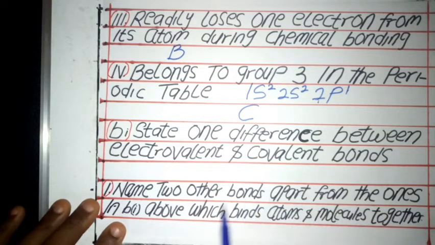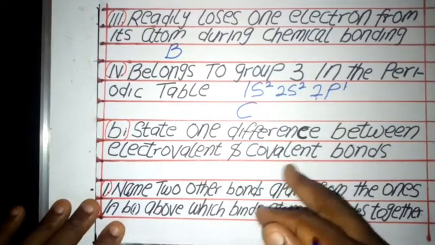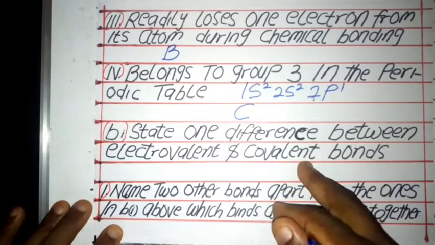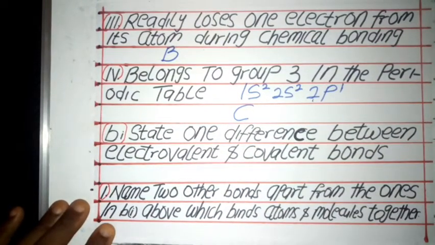So the next question, name 2 other bonds apart from the ones in B1 above, which bind atoms and molecules together. So apart from electrovalent and covalent bonds, we are asked to name 2 other bonds that bind atoms and molecules together.